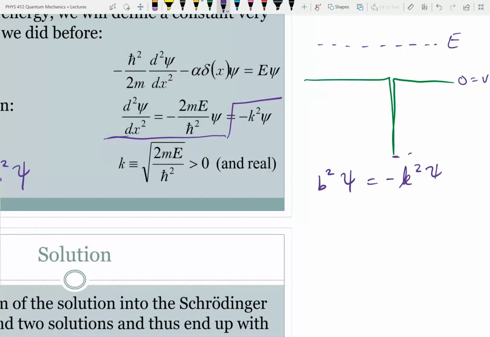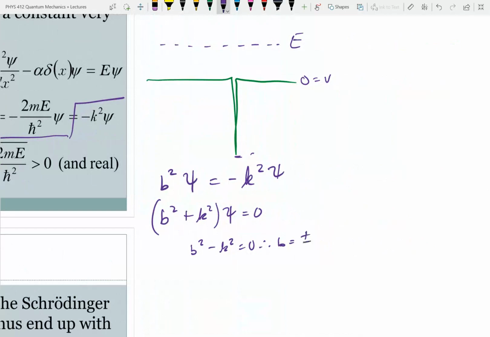Or, being very pure mathematically, b squared plus k squared times psi is equal to 0, which is true either in the trivial solution, which I told you we never use, that is when psi is 0 and we have no wave function, or when b squared plus k squared equals 0, therefore b is equal to plus or minus the square root of minus k squared, which is plus or minus ik. So we have two solutions.